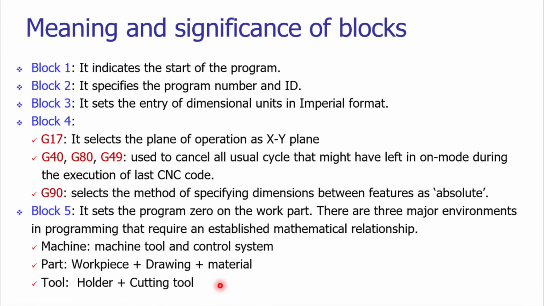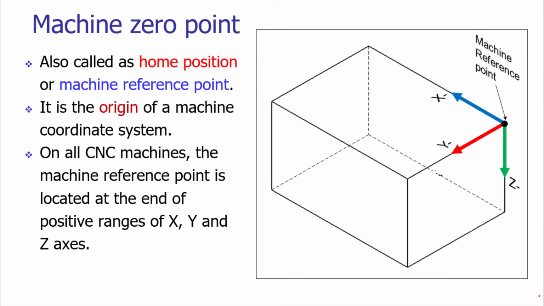So let us first understand the machine reference point or the machine control volume. Well, let us understand the concept of machine zero point. So as I mentioned, each and every machine tool is having its own work volume and it's having its own reference point. In general, the reference point is considered to be located at the end of positive ranges of x, y and z axis.